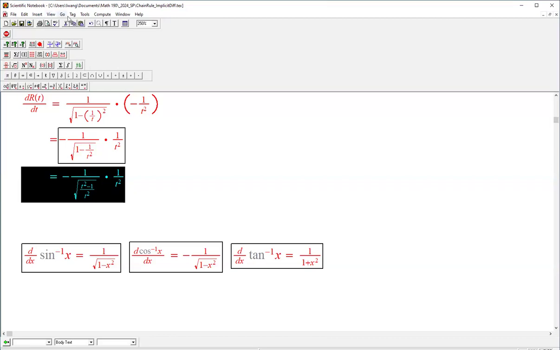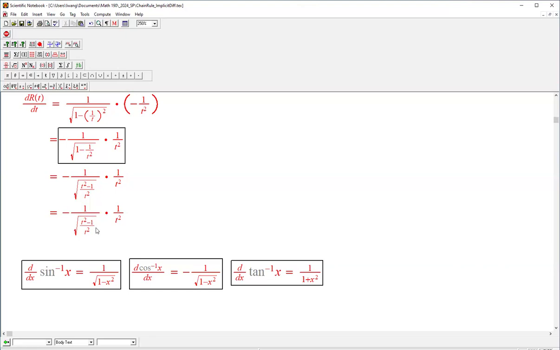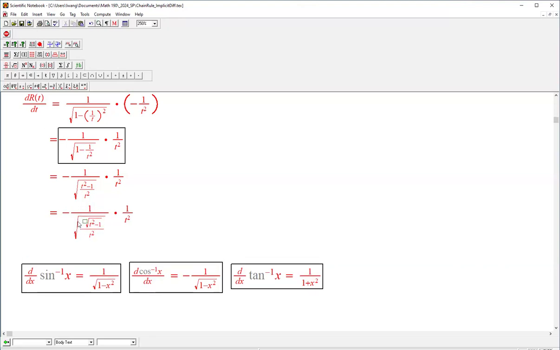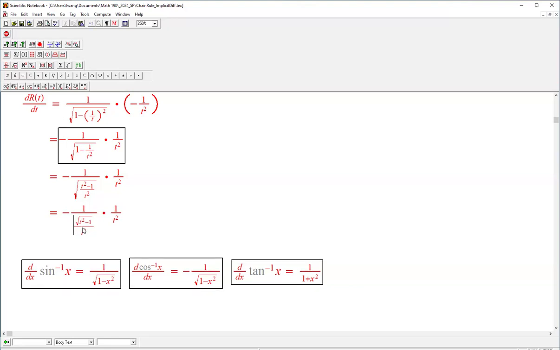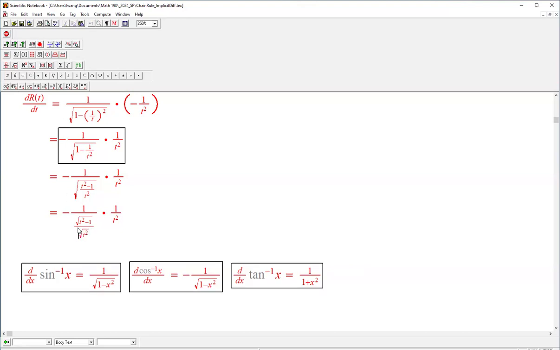And we have a complex fraction here. So what we can do is separate the numerator from the denominator, taking the square root. We take the square root like this, get rid of that, and take the square root of that. And then, for the complex fraction, we multiply by the square root of t squared.